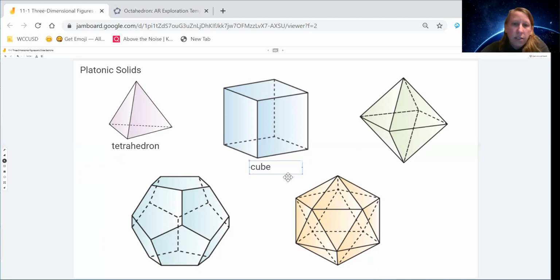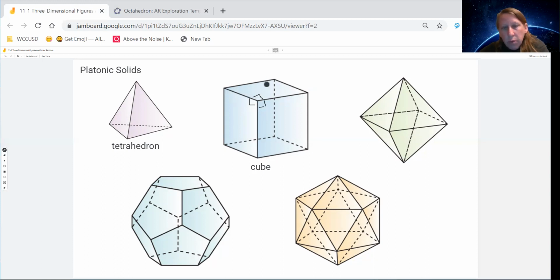We know this is a cube. For a solid to be Platonic, or to be one of these 5 most special, all the angles at the vertices have to be the same. So all 3 of these are right angles. All the sides have to be congruent.